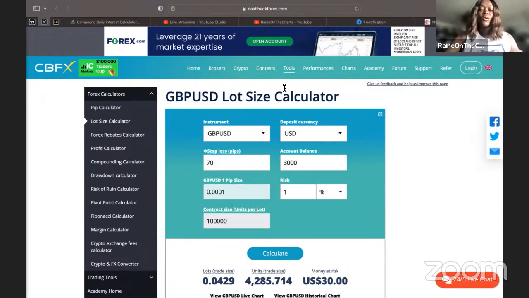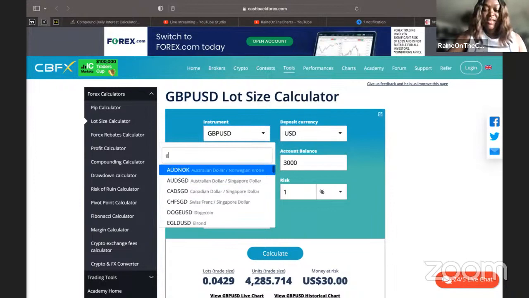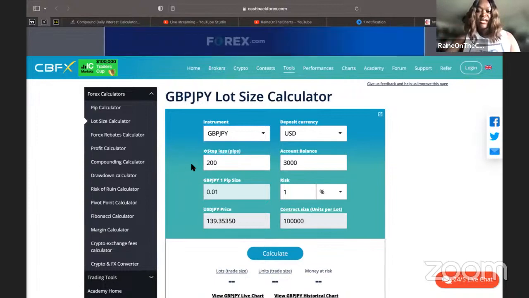All right, so for the lot size calculator, you're going to input whatever your asset is. They have it here as an instrument, whatever instrument, same thing as the asset, same thing as the currency pair. So GBP JPY, my one true love, let's go with her.